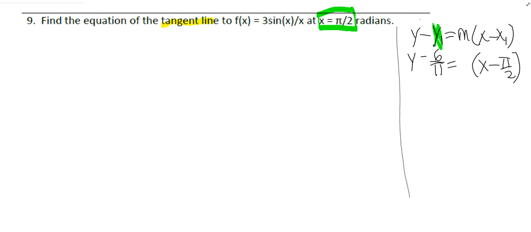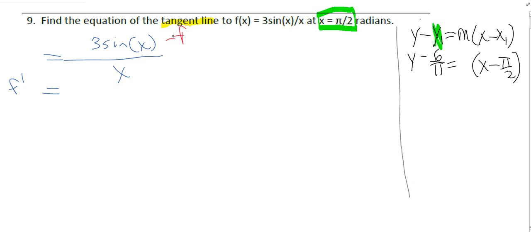So we have 3 of sine of x over x, and we're going to take the derivative of that. So the derivative is equal to, well, lucky for us, there is no chain rule on this one, so we're just going to have to identify this as f, and the bottom function is g.